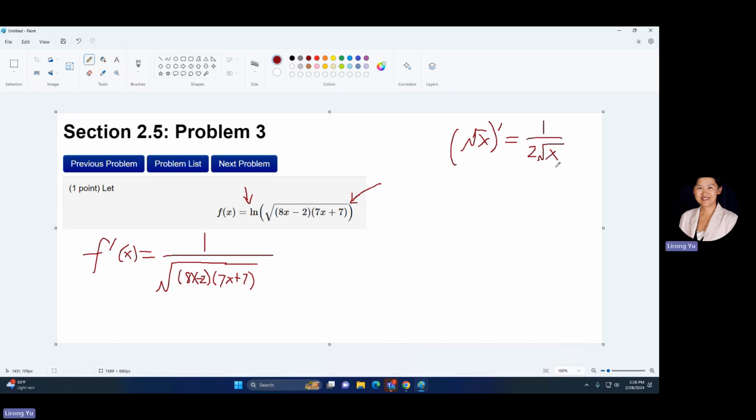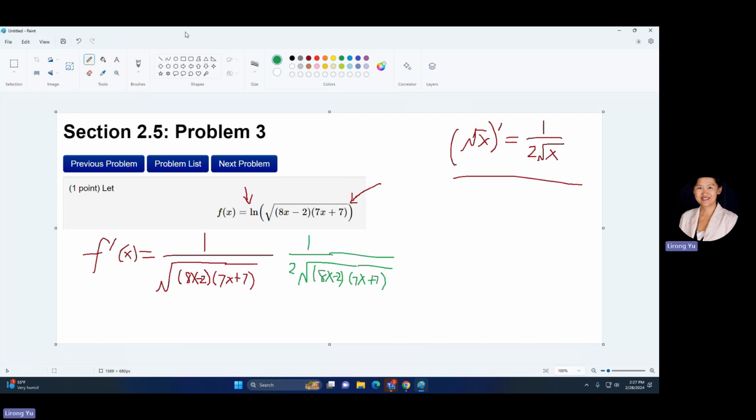This can be proved by the 1/2 power: the 1/2 goes to the front, and then the power is 1/2 minus 1, a negative 1/2 power. So because of this formula, the derivative of the root part is 1 over 2 times root of the whole inside, 8x minus 2 times 7x plus 7. That is because of the root function.